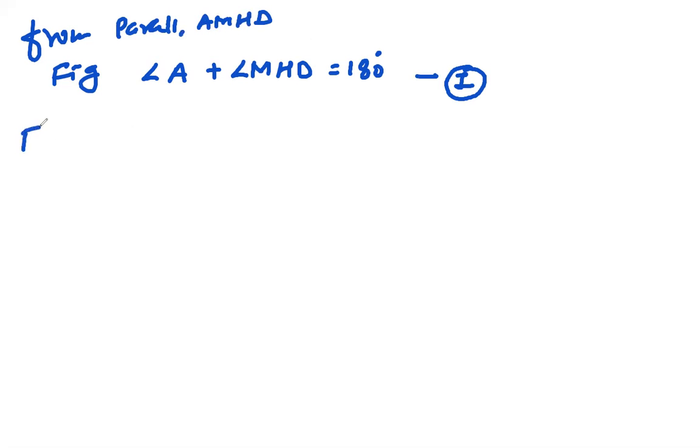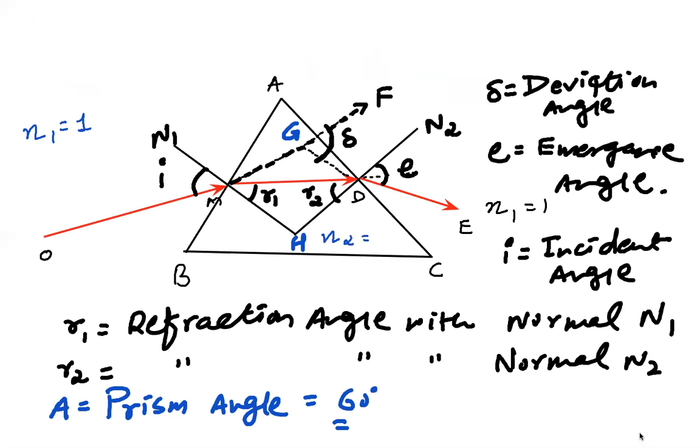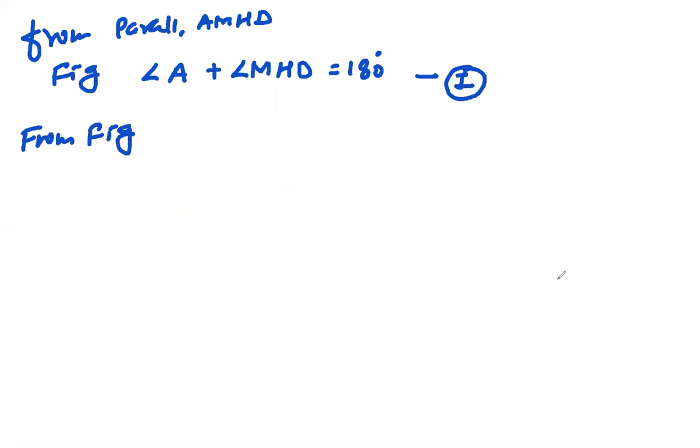Next, from the figure, I can say that in triangle MHD, angle M, angle H, and angle D equals 180. So let's say angle M, angle H, and angle D equals 180 degrees.